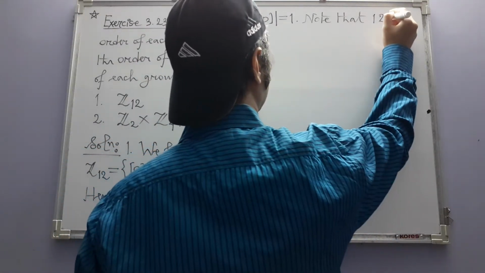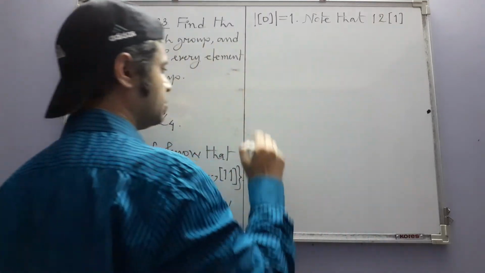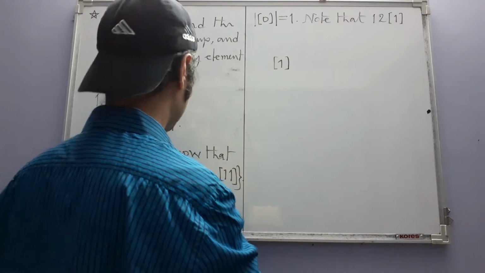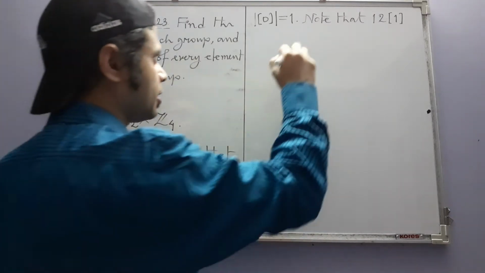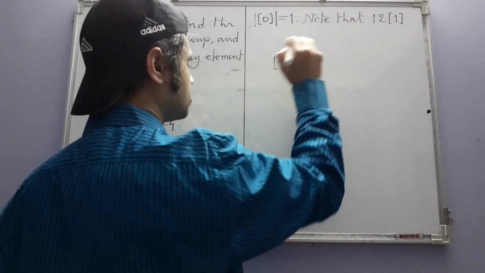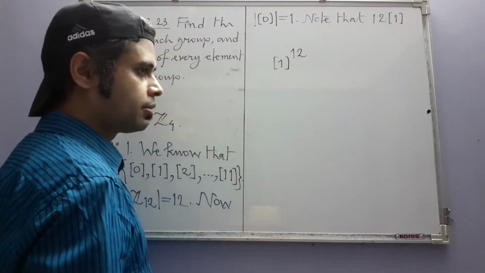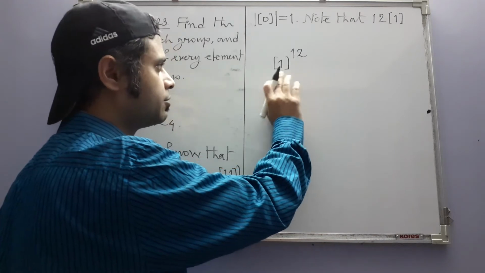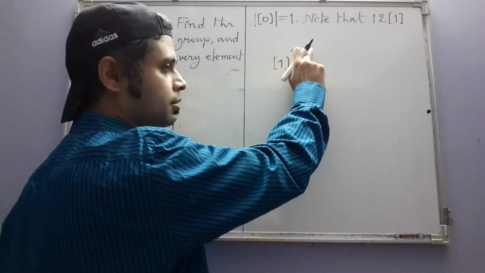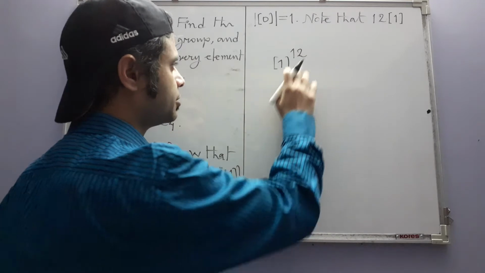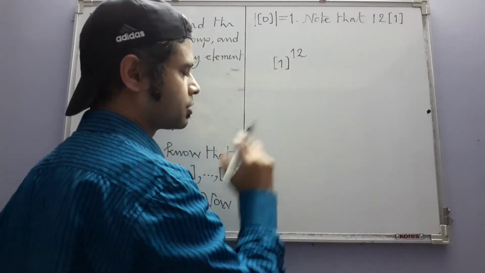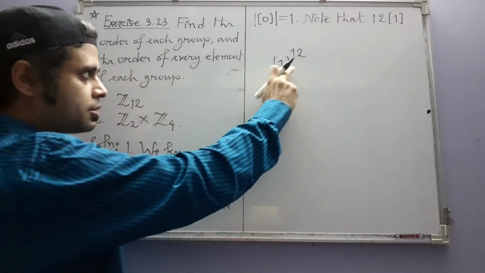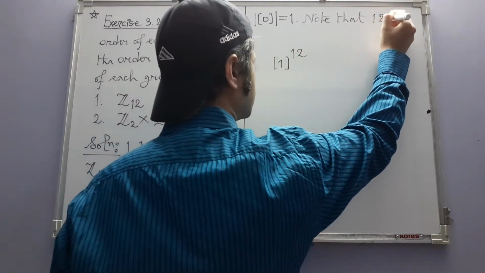This is an integral power of the element 1 in our group Z12, and that power is this. In a general group, we have a notion of an integral power of an element where you can raise any element to an integer exponent and you have the corresponding power. Now, because our group is an additive group, this same thing is written like this.